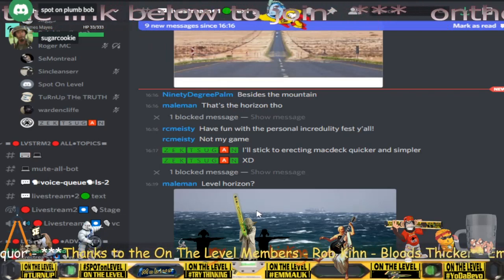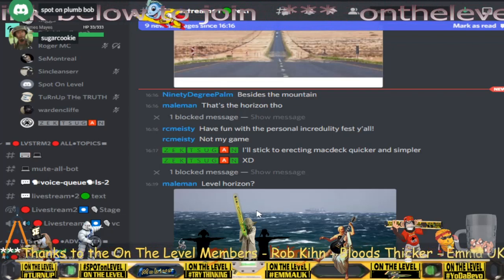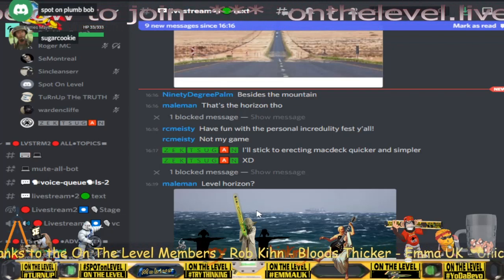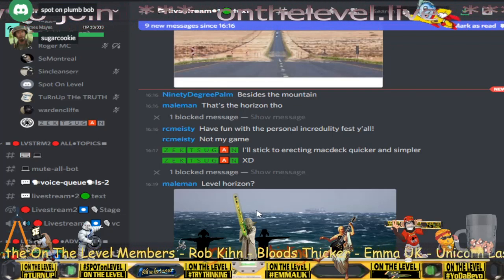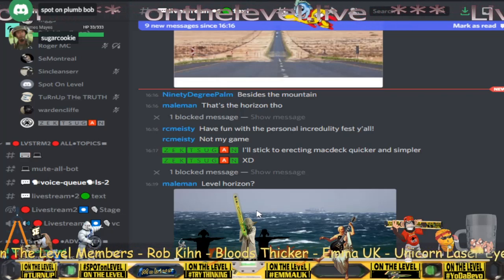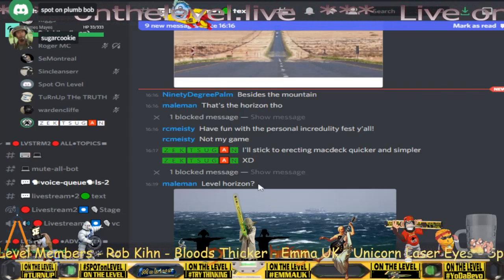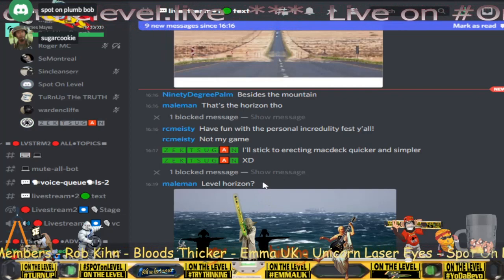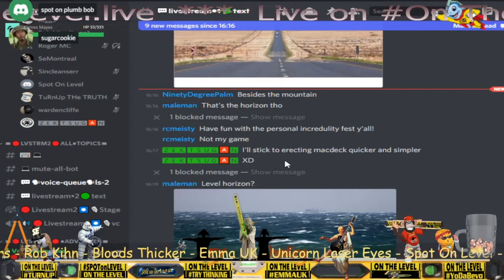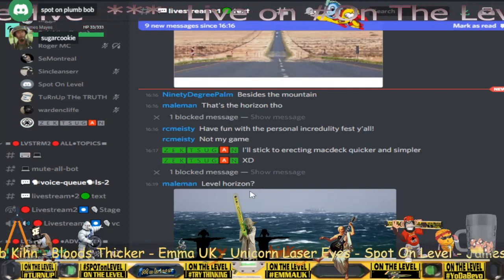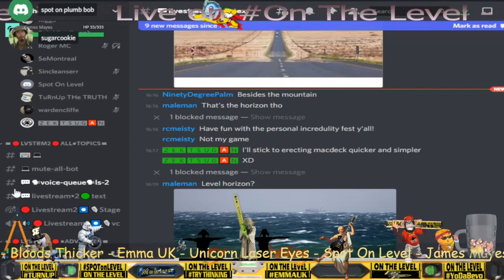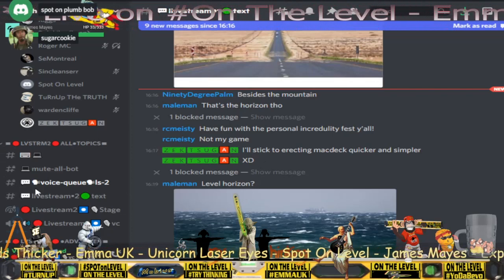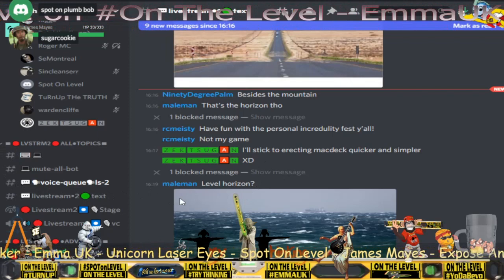And RC Meisty's never showed us his water level calibration machine either that he's claimed he has. We should at least get a picture of it, or at least how to use it, right? If he doesn't have it anymore, that's one thing, but how it was used to calibrate a water level would be good enough for me. Yeah, I've never heard of it.